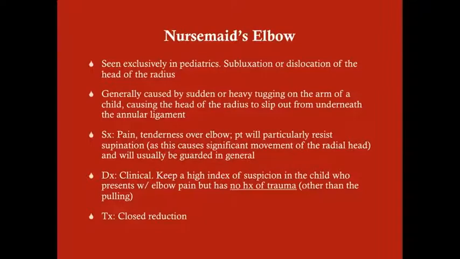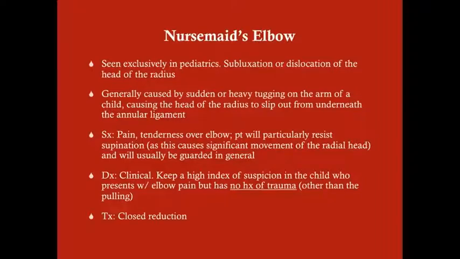So look for a kid with pain and tenderness over the elbow with no history of significant trauma. The diagnosis is going to be clinical. A lot of times the patient's parent, family member, or caregiver is not going to know what caused this because they pull their kids' arms all the time. I mean, you're holding your kid's hand, you're pulling them along with you. It's nothing severe.